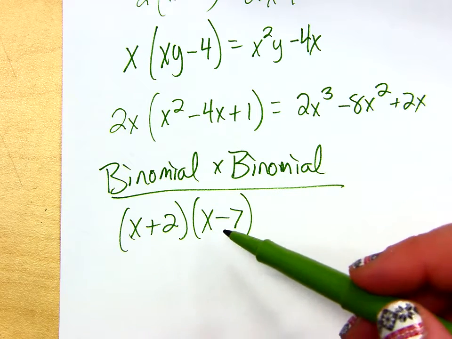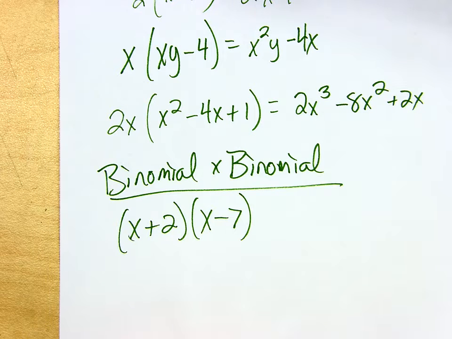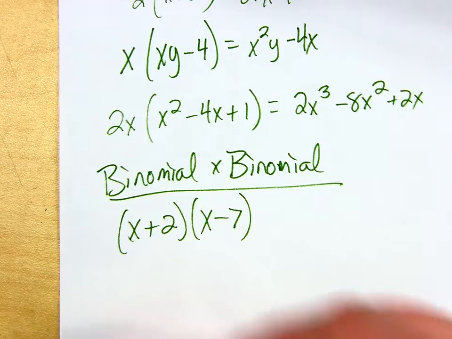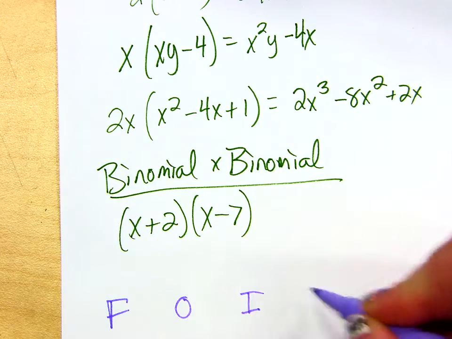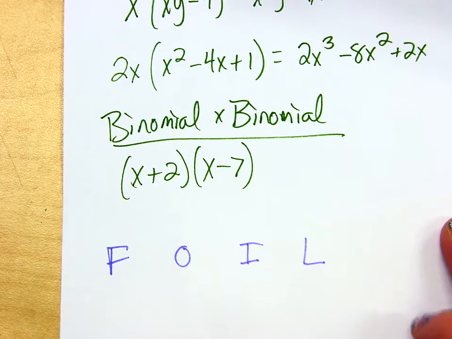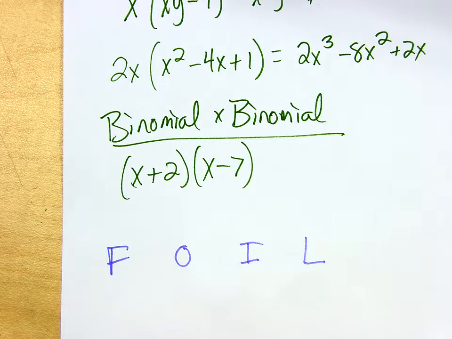Lucky for you, there's a handy little word that we use to remember multiplying a binomial times a binomial. It's called FOIL, if you haven't heard of it. Like aluminum foil, F-O-I-L.